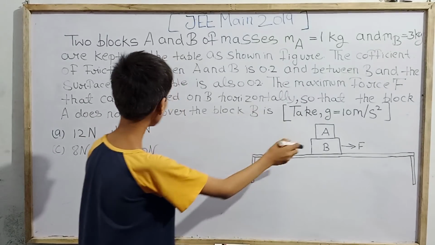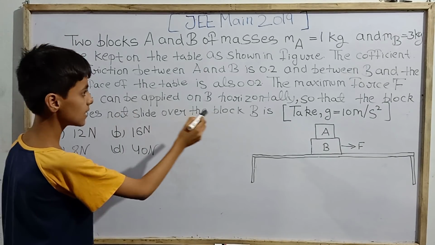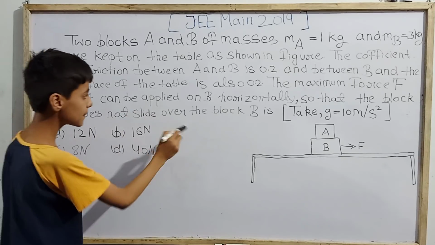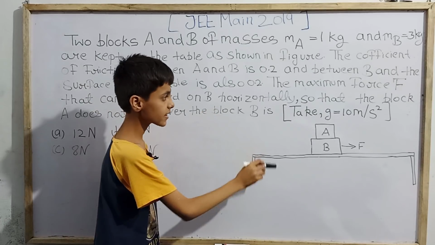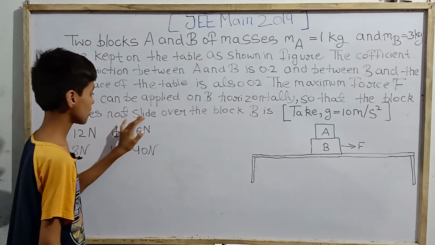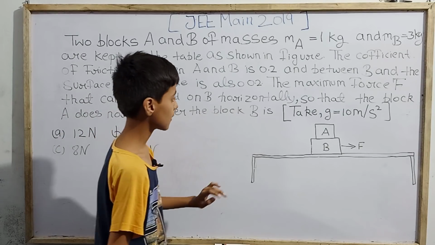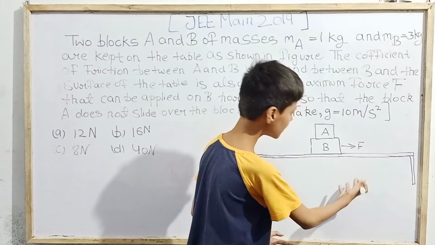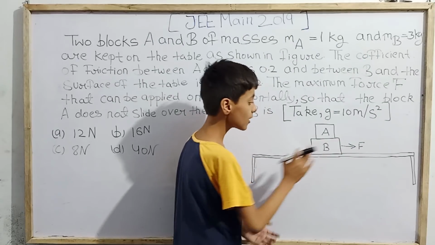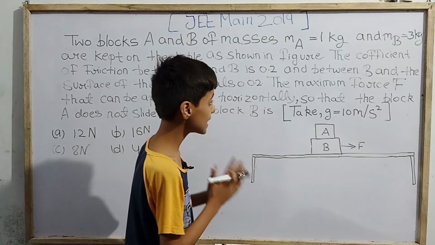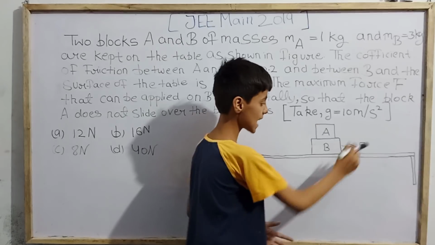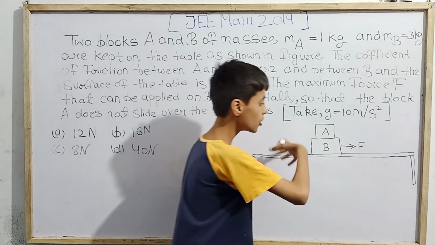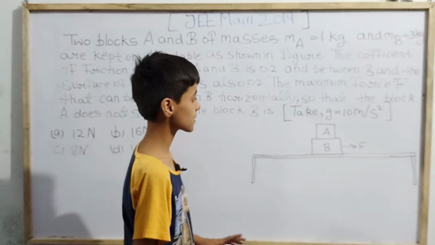Now the maximum force F that can be applied on B horizontally so that the block A does not slide over the block B is, now options have been given. If we apply an external force F over B, its magnitude should be such that A will not slide from B, it will not fall from B, it will maintain its position.